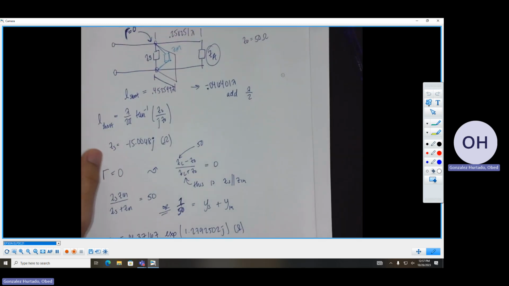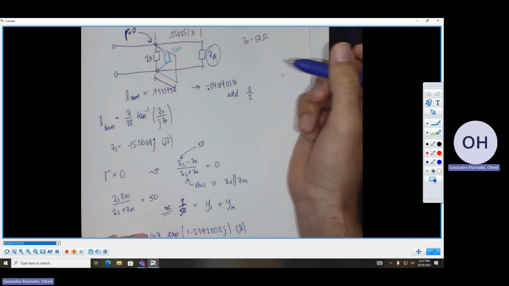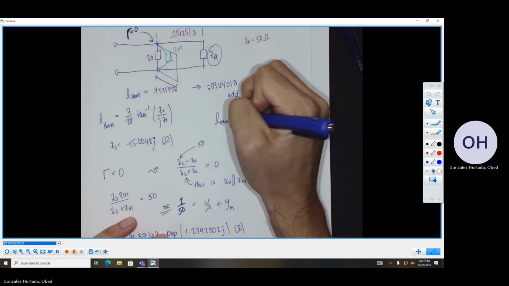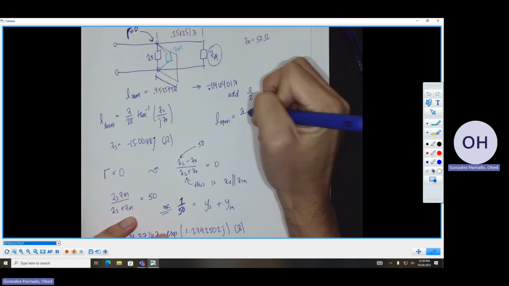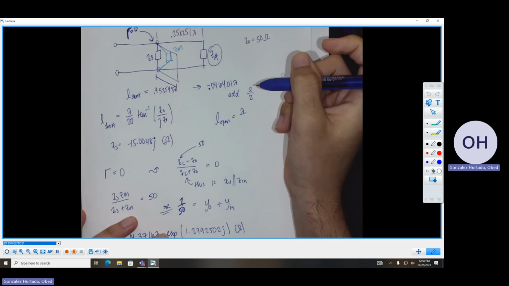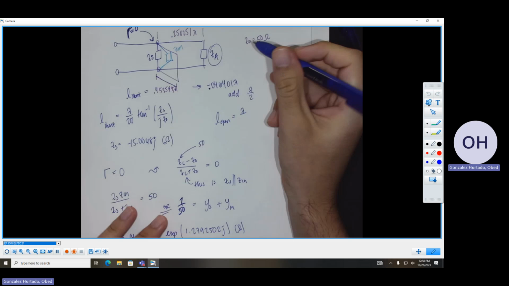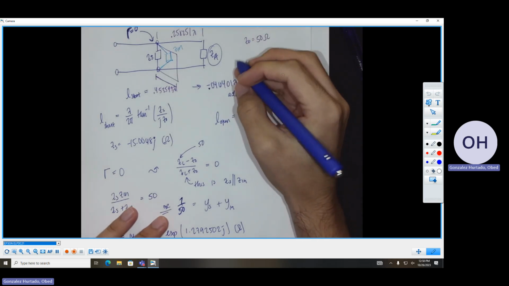And like I said, he could change up the problem where you'll be given an open stub. And the only thing that changes is the very beginning, the value for ZS is going to be different.